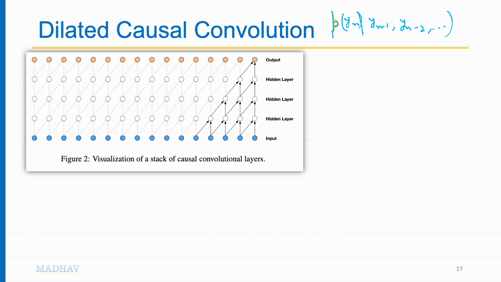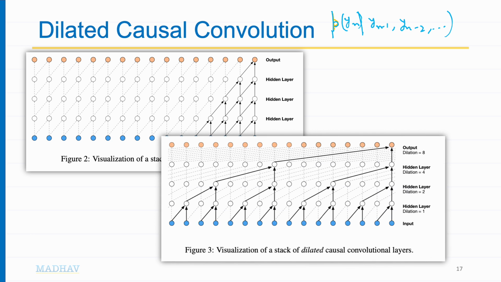My input is a time series, output is also a time series of the same resolution. What is the meaning of dilated now? This is dilated. What do you see here? Missing connections.